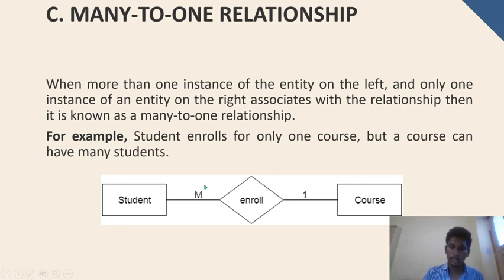So many students can join one course, and the course can have many students. A student can only enroll for one course, which is many to one, and one course may have many students. That is what is described here.